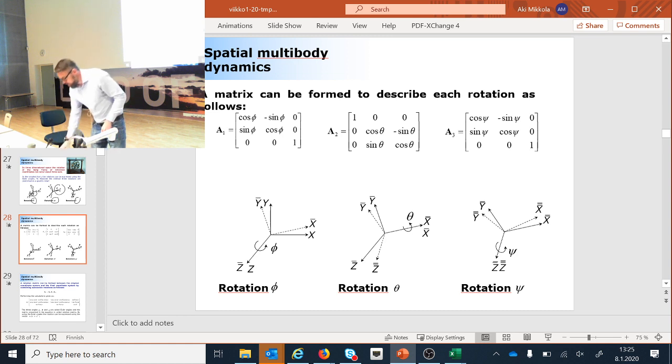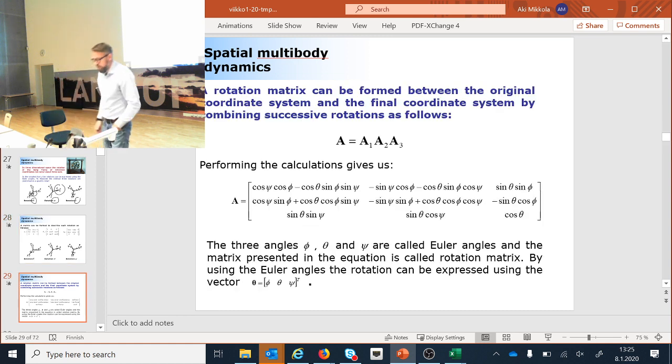Okay? So then how does it go? Well, it goes like this. You have here these previously described 3x3 rotation matrices. You multiply them together, and then you can have a relation between the final configuration and original configuration. What's this relation between the final and original?